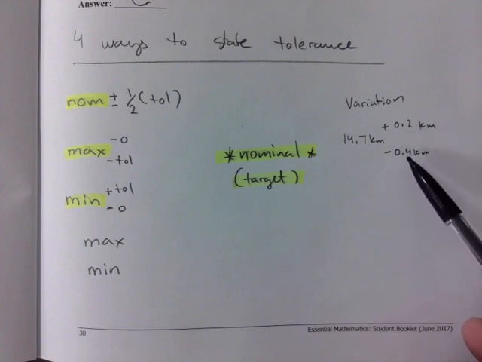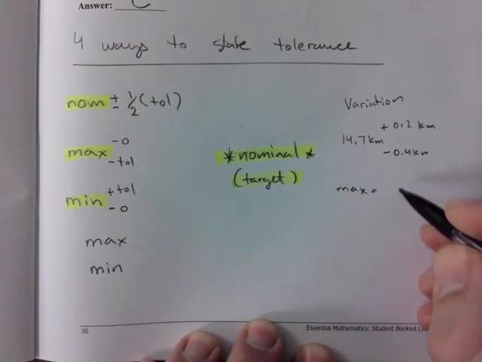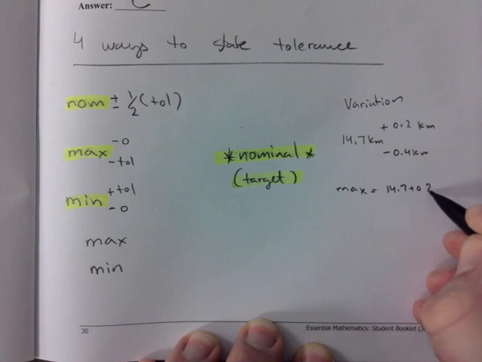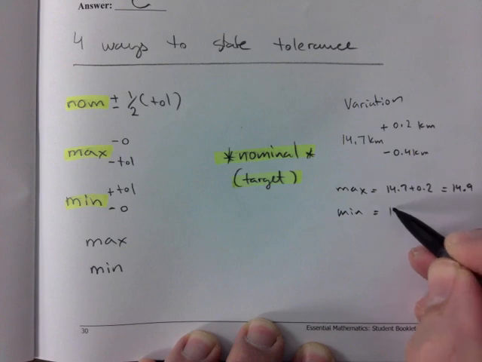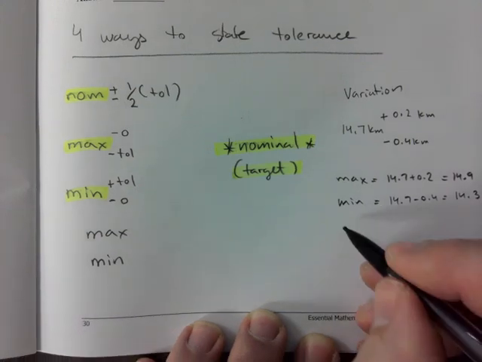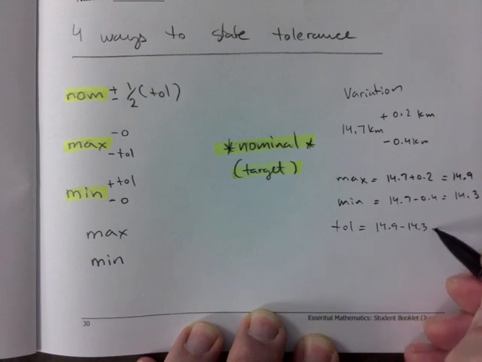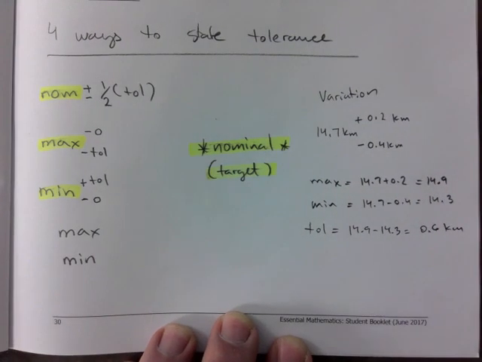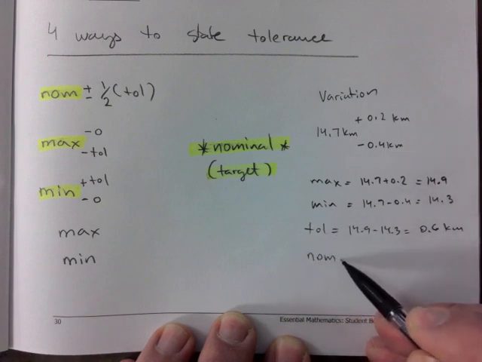You go from negative, right, 4 and 2, that's a 6 difference. But to be safe, just go max. So I will say max is 14.7 plus 0.2. That's 14.9. The min is 14.7 minus 0.4, which is 14.3. Tolerance, you go 14.9 minus 14.3. That's 0.6 kilometers. So max, min, tolerance. What's the nominal in this case?